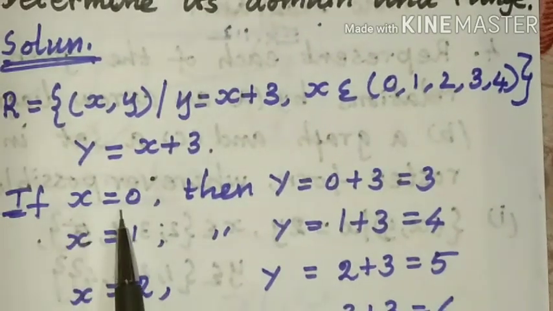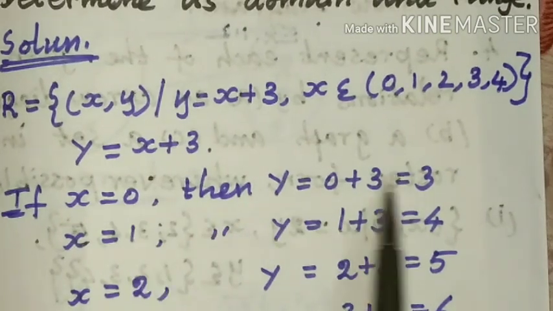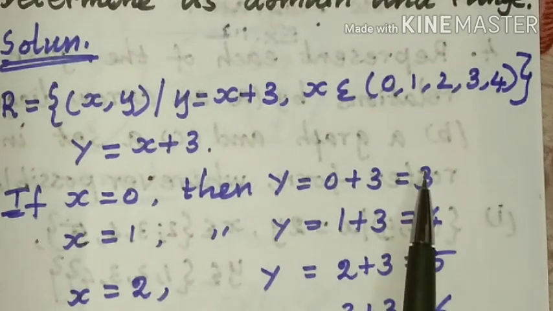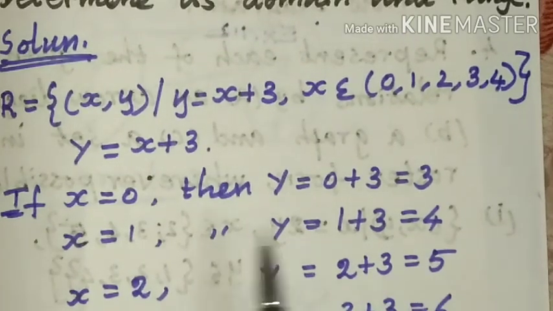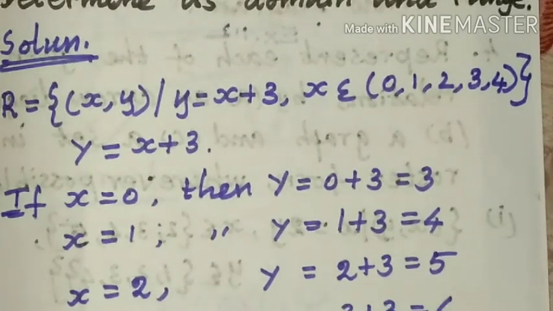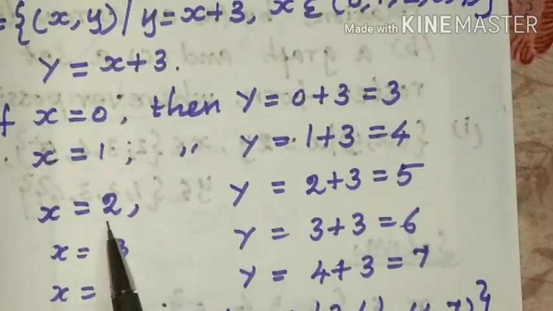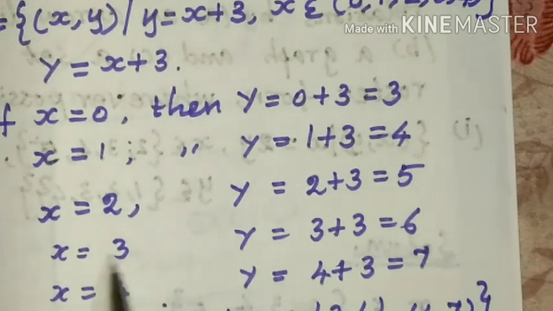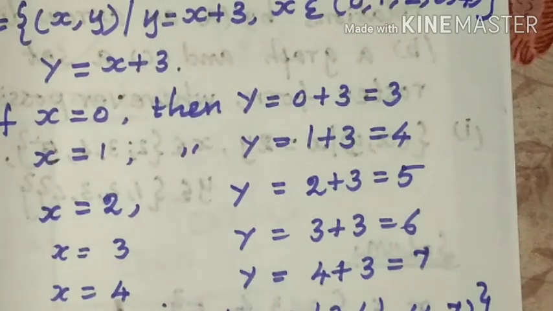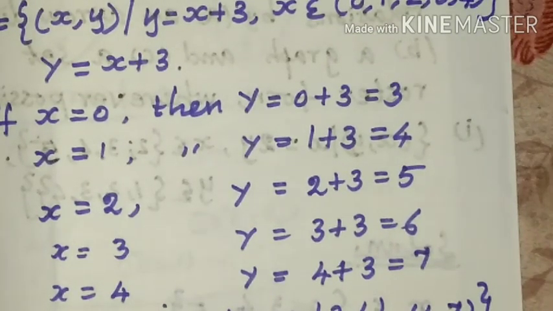If x is equal to 0, then y equal to 3, then the ordered pair is (0, 3). Then x equal to 1, y equal to 4, the ordered pair (1, 4). Then x equal to 2, y equal to 5, the ordered pair (2, 5). Then x equal to 3, y equal to 6, the ordered pair (3, 6). x equal to 4, y equal to 7, the ordered pair (4, 7).